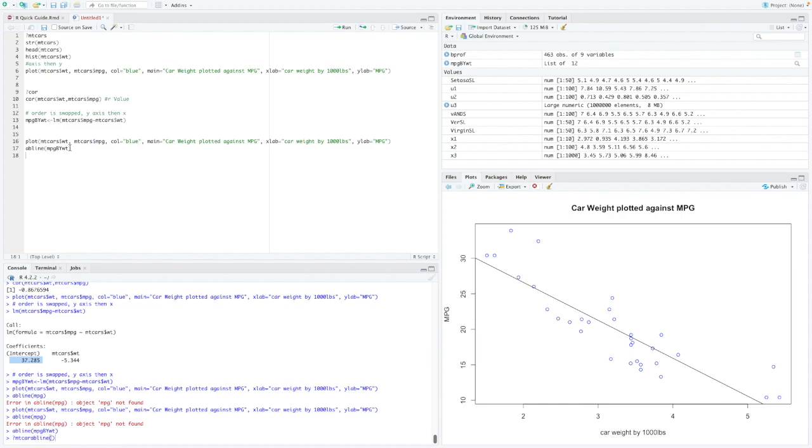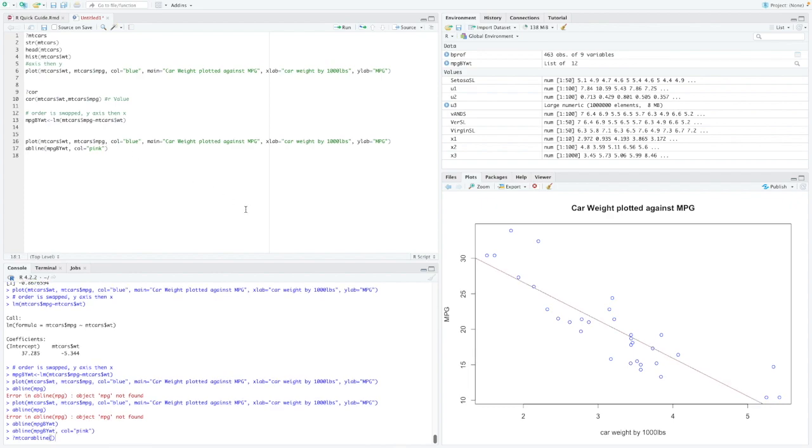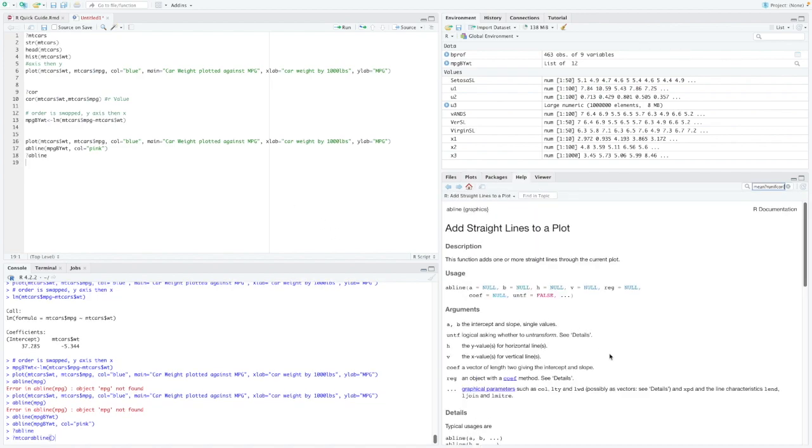I can also, if I wanted to, make this a color, because, you know, we like to be festive, right? What else? If you type in question mark abline, it'll give you a little bit more information about it. So you've got your A's and your B's.